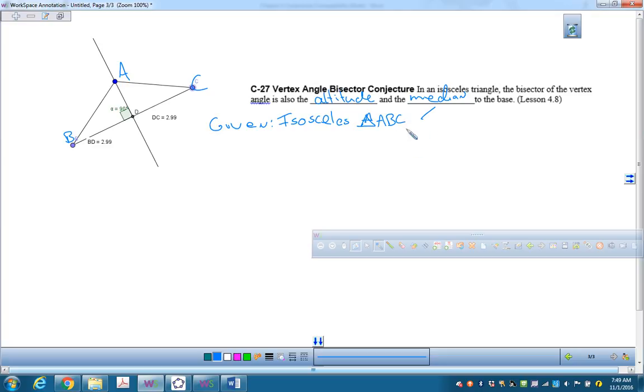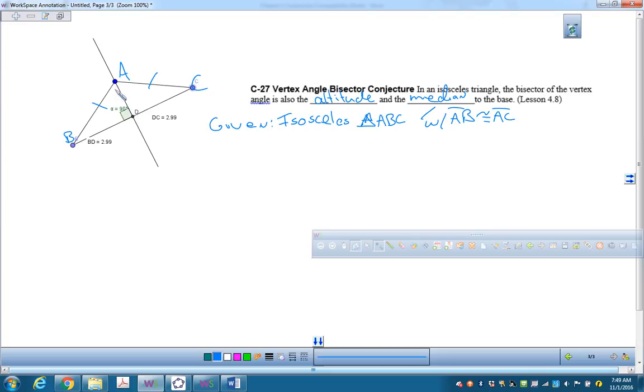And then we could kind of say that these two sides are congruent, because when we constructed it, we made those two sides congruent, AB congruent to AC.